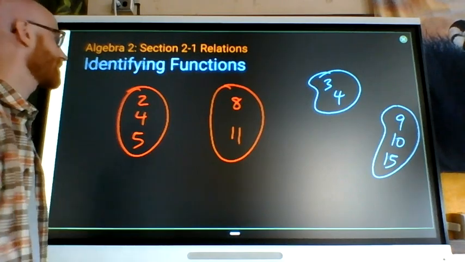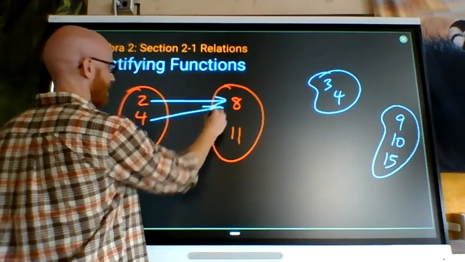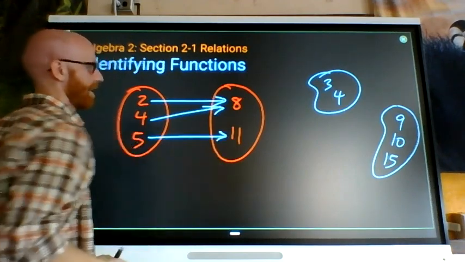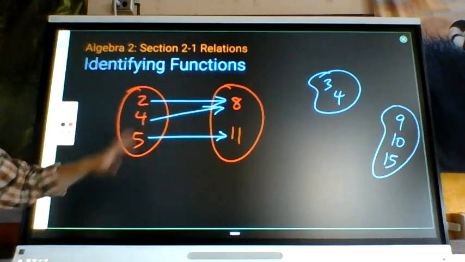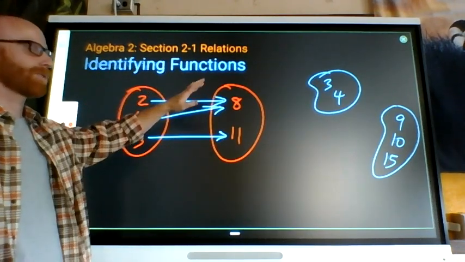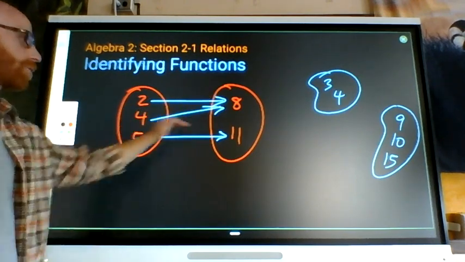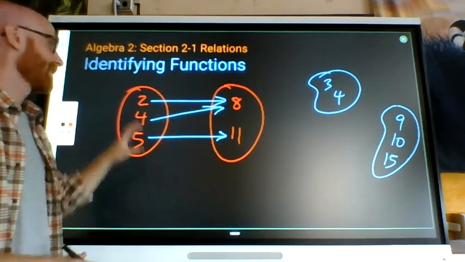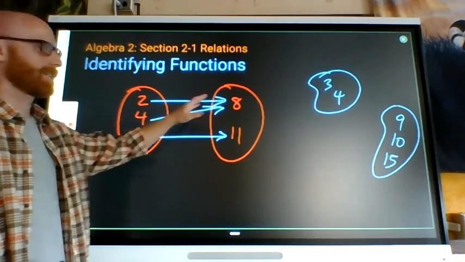All right, it's a lot easier to identify things that are not functions than it is to identify functions. Okay, this is a function. This is a functional relationship. 2 has only one arrow leaving it. 4 has only one arrow leaving it. 5 has only one arrow leaving it. Okay, that's functional. Each input has exactly one output.